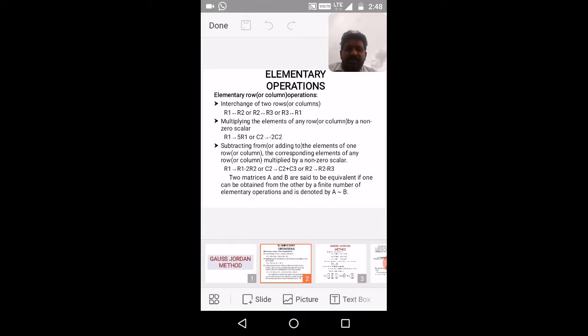Similarly, another relation between two matrices, apart from the relation of equality, is the similarity relation.